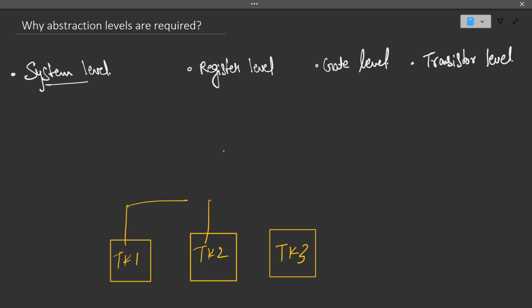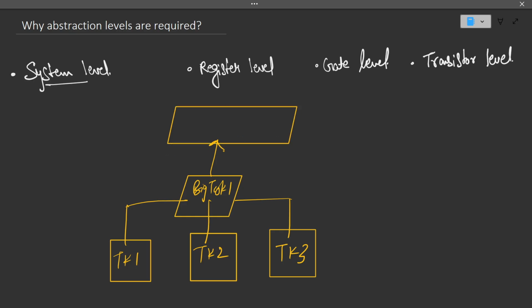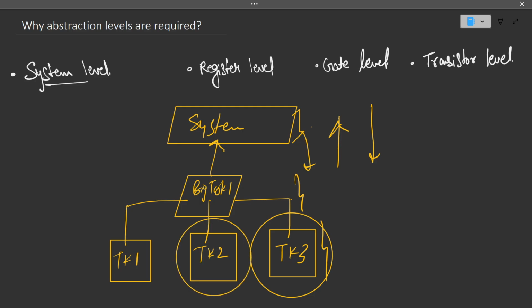Then we combine these 3 to make one bigger logic which will perform a bigger task, big task 1. Similarly, then we make the actual system. So this is how we break the hierarchy in Verilog. It can be bottom to top or top to bottom based on the IPs we are using. So the use of this is that it increases the reusability.